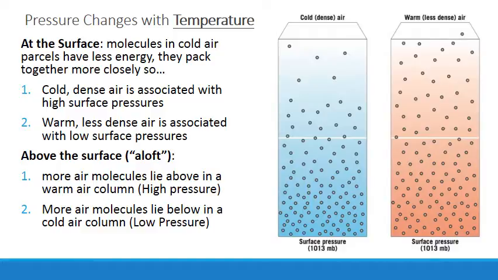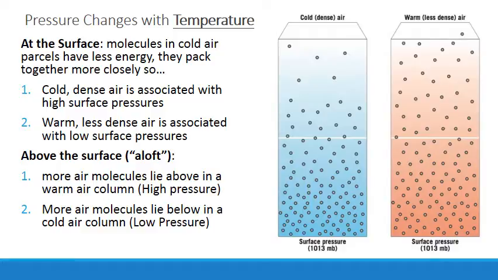These pressure differences, in turn, generate a force called the pressure gradient force that causes the air to flow. Air flows from areas of high pressure to areas of low pressure.